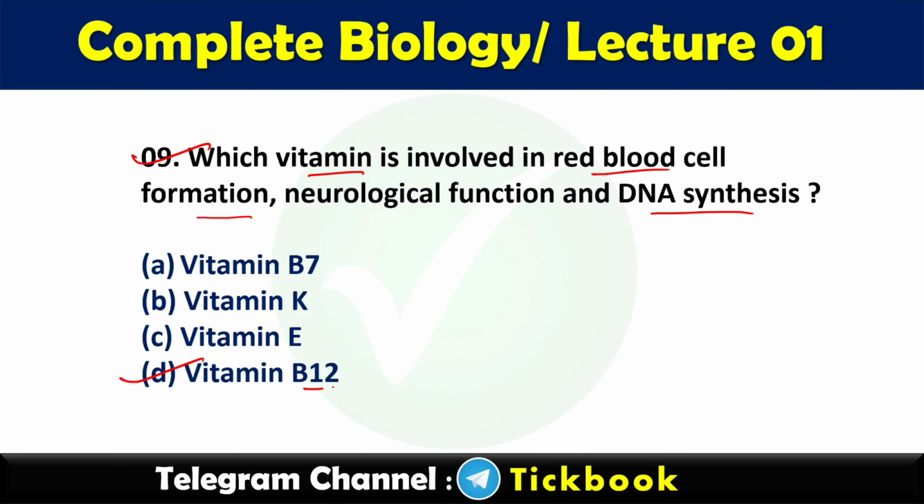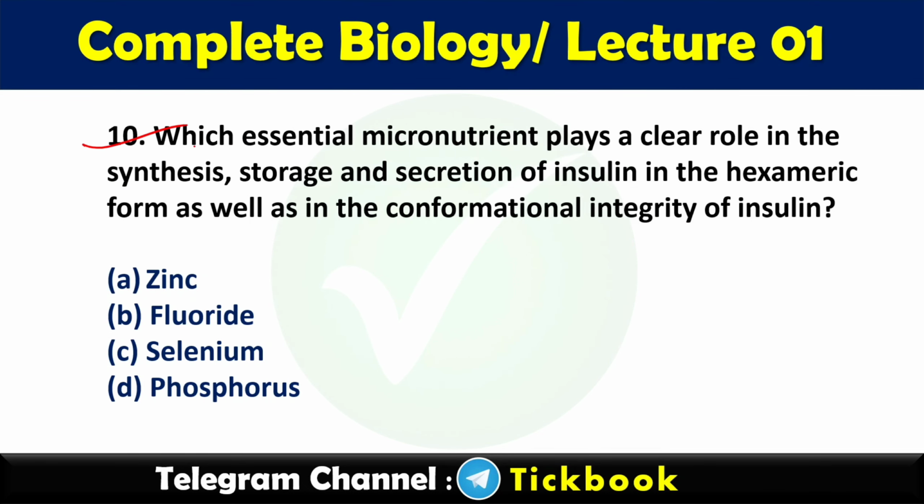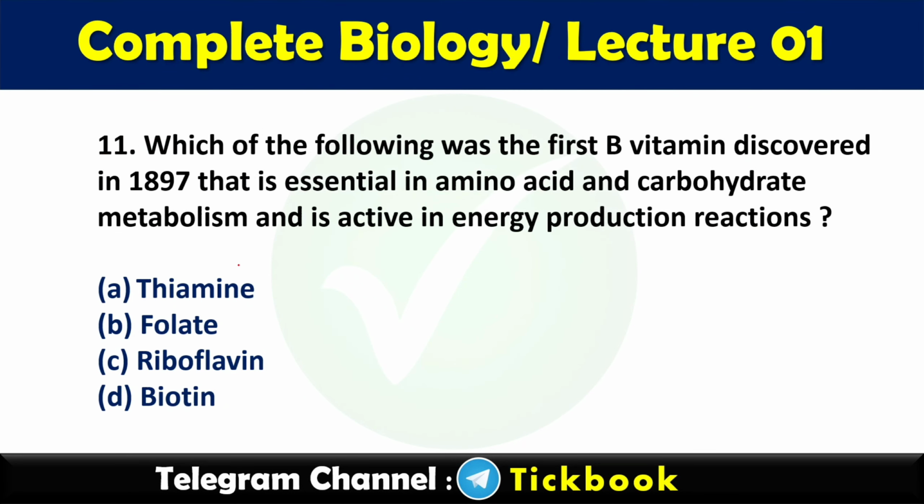Number D, vitamin B12. 10. Which essential micronutrient plays a clear role in the synthesis, storage, and secretion of insulin in the hexameric form as well as in the conformational integrity of insulin? Number A is the right answer, zinc.